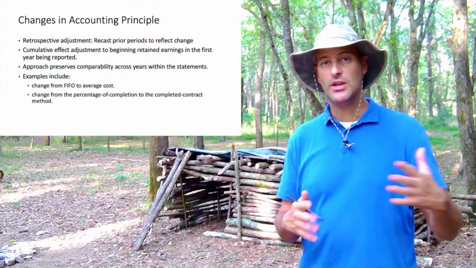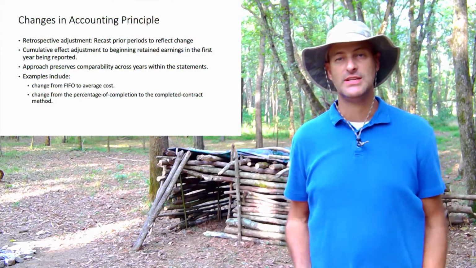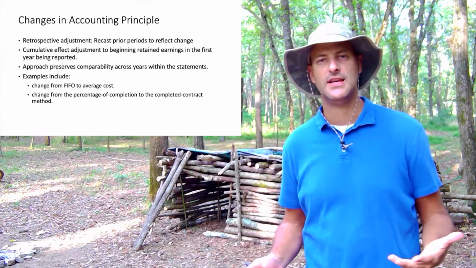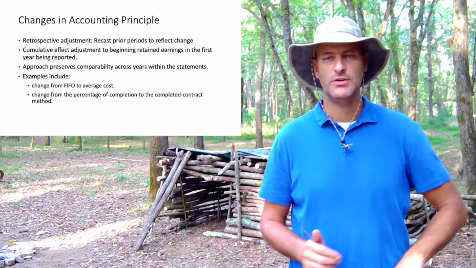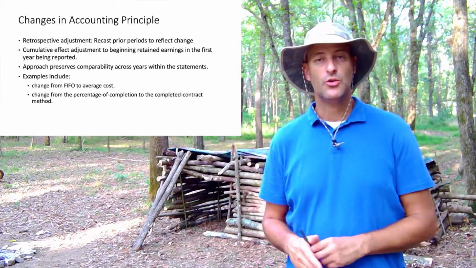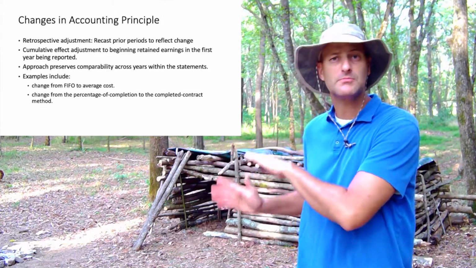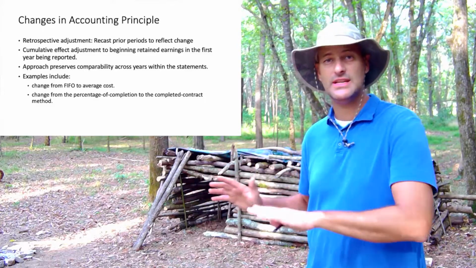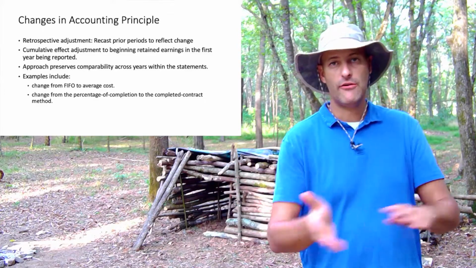Now, the cumulative effect of everything just gets put into retained earnings. That should kind of go without saying, because that's where all that previous net income that we just retrospectively adjusted for ends up. So we're going to treat it as if we did this accounting treatment always.